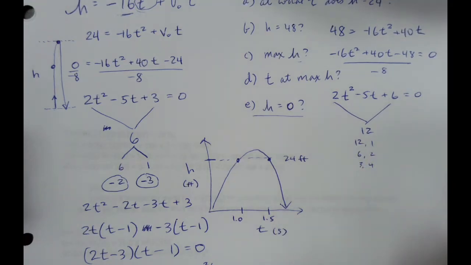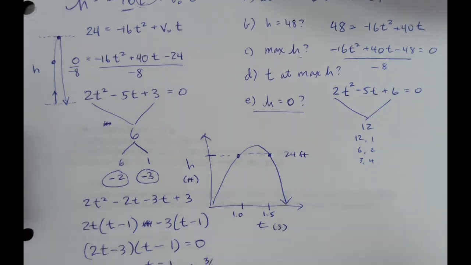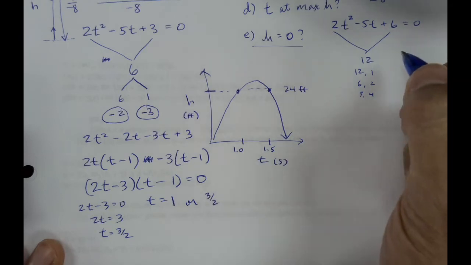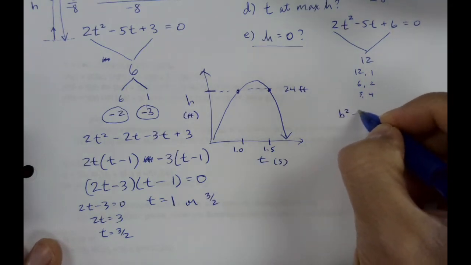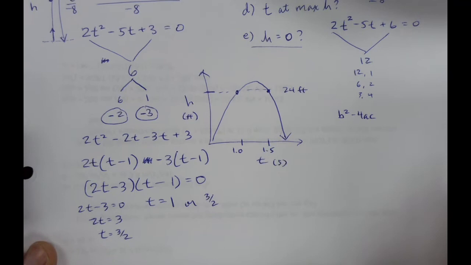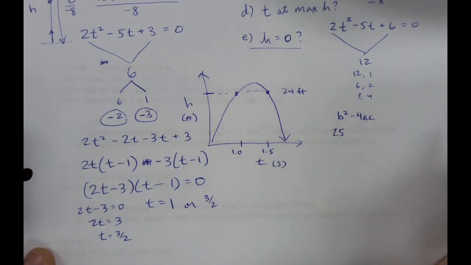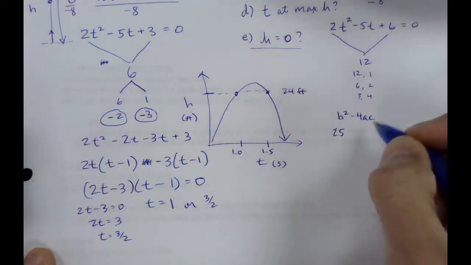I don't see. Well, let's check and see if this is possible before we go through the process of completing the square. So our first use of the discriminant, let's compare b squared, which is 25, and then 4ac. ac is 12. 4 is 4.